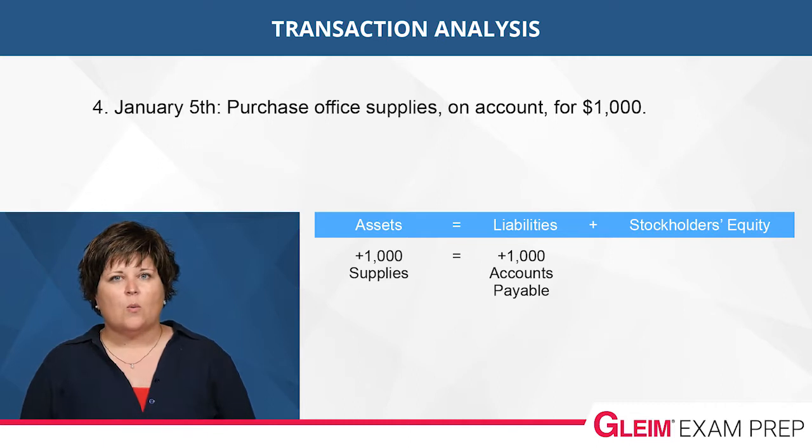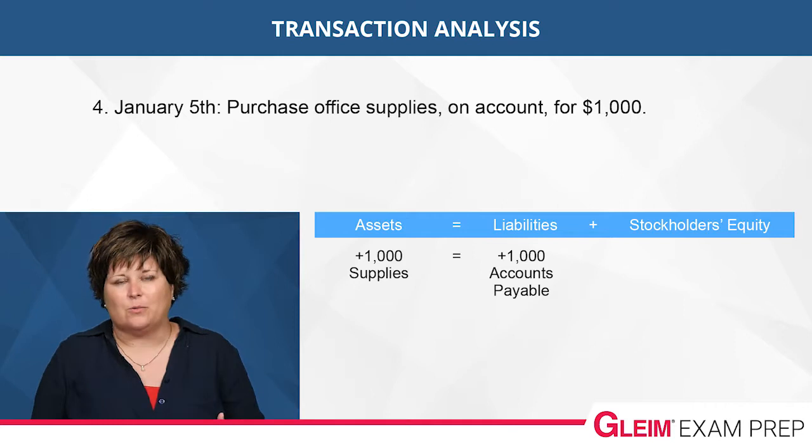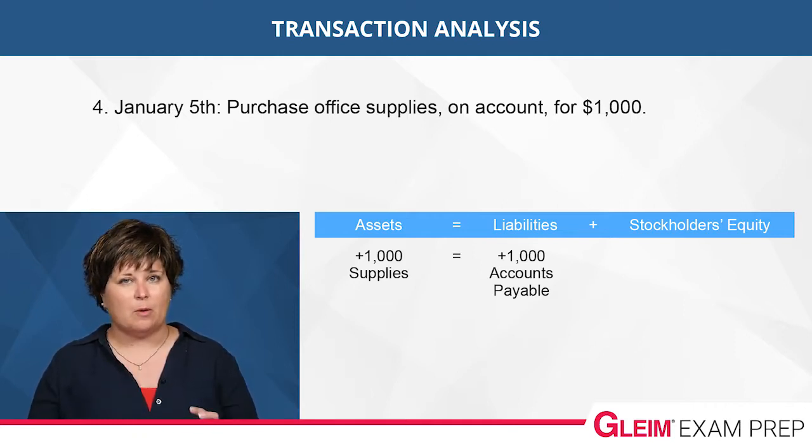In number 4, we purchase office supplies. Think of like paper, ink toner, file folders, those sorts of things. We have a local supplier who lets us put these purchases on account. Now, this means we do not have to pay for the supplies at the time we purchase them, so there's no cash in this transaction. We get supplies, which are assets right now, ready to be used in the business.